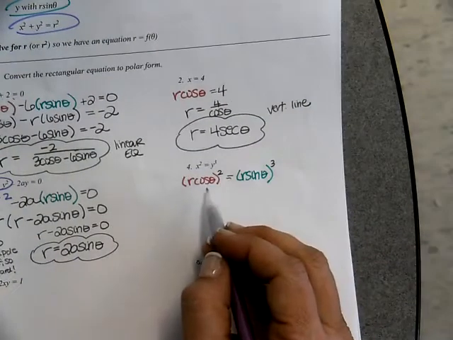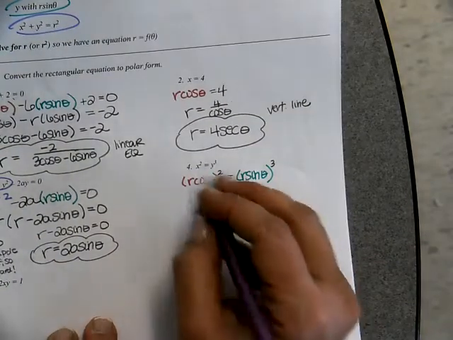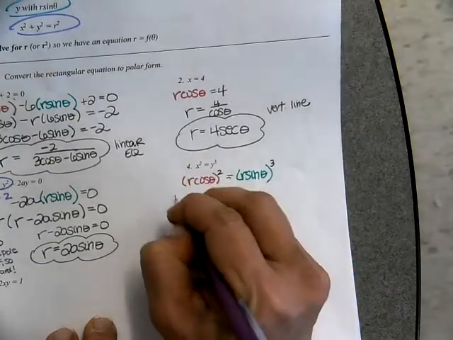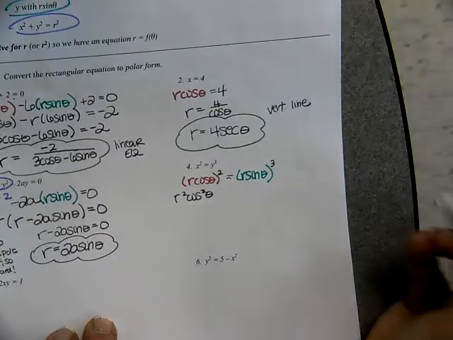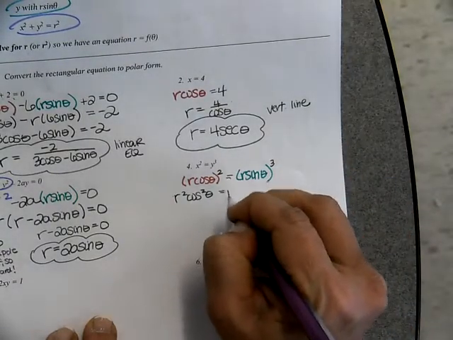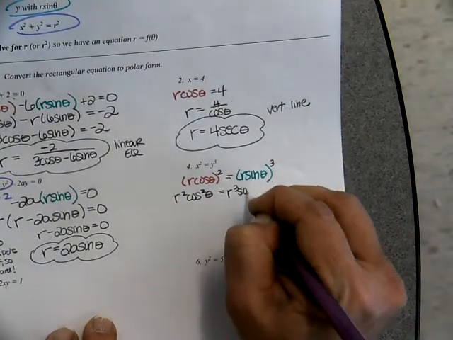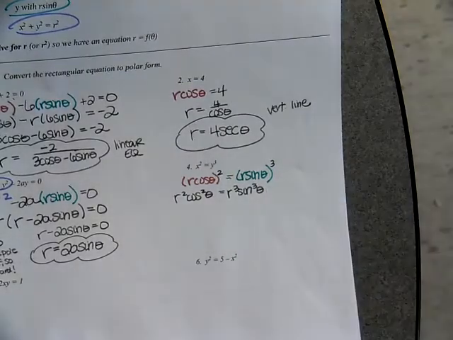So then what we can do is apply the exponent to each piece. So I get r squared cosine squared theta equals r cubed sine cubed theta.